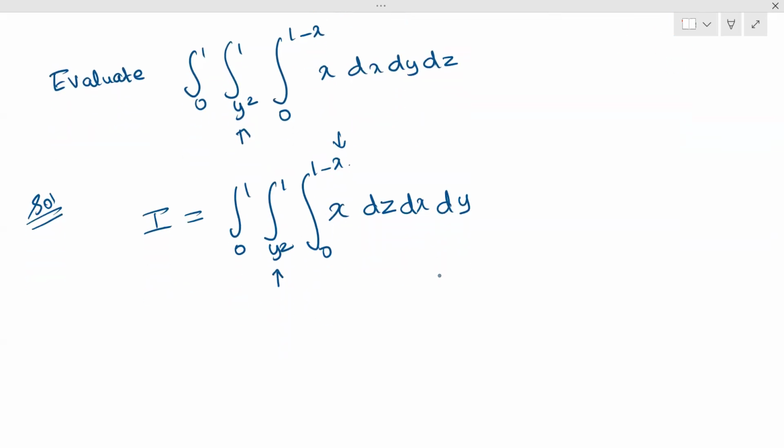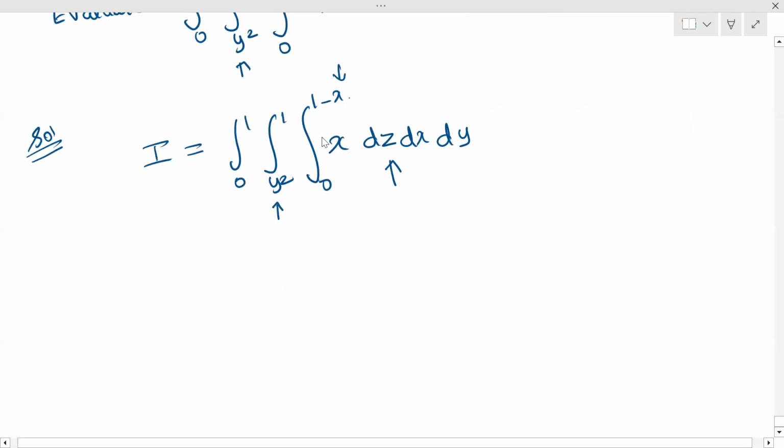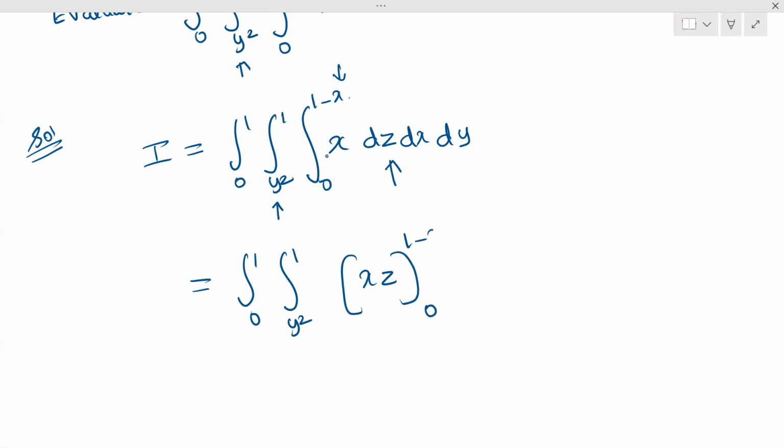So here, what is the first integration? First integration is with respect to z. Here the function is x. We have to treat this x as a constant. So write outer integration, middle integration as it is. Integration of x is x z. The limit is 0 to 1 minus x, dx dy.